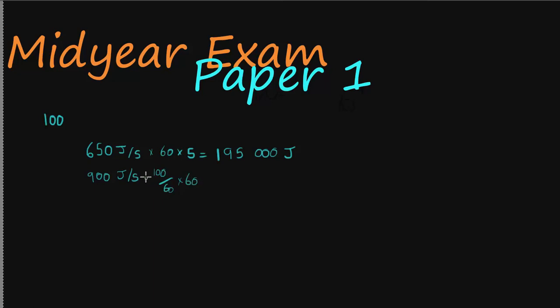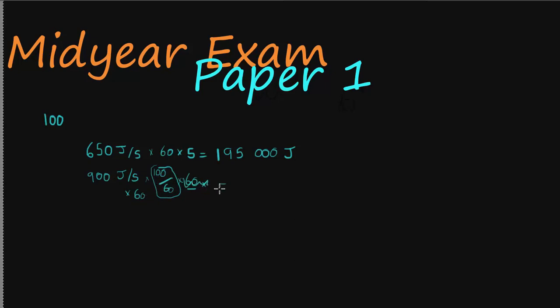Multiplying by 60 converts the rate to minutes, and that tells me how much energy I'm using per minute. Dividing by 60 tells me how many minutes I'll need.